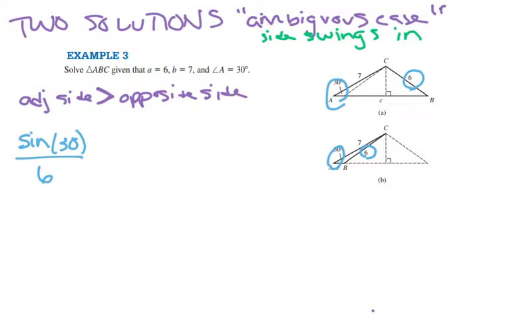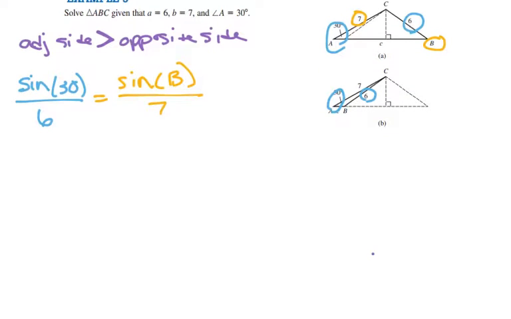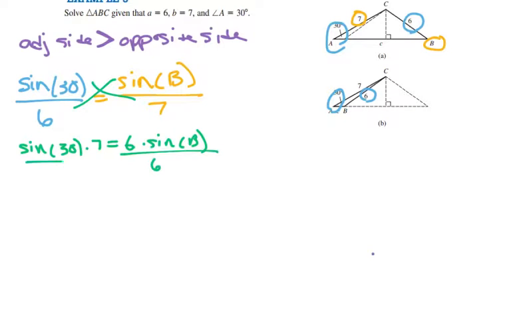Then for that top triangle there, let's say that we want to find angle B, so here, its opposite side is 7. So I'm going to set it up and find sine of B, we don't know what B is, in proportion to 7. And then we're going to solve. So we cross multiply, and we get sine of 30 times 7 equals 6 times sine of B. And so we divide both sides by 6.